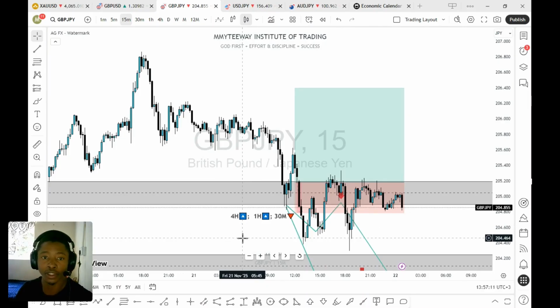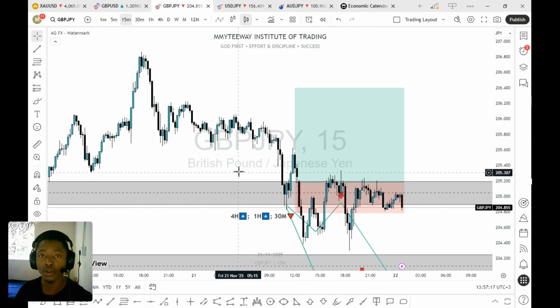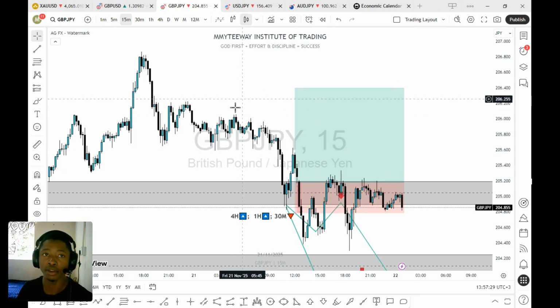I look at them in the 4 hour, 1 hour, and 30 minutes. Mainly, I concentrate on the 50 and 21 exponential moving averages. The 100 I don't usually use, but when I need additional confirmation, I implement it.